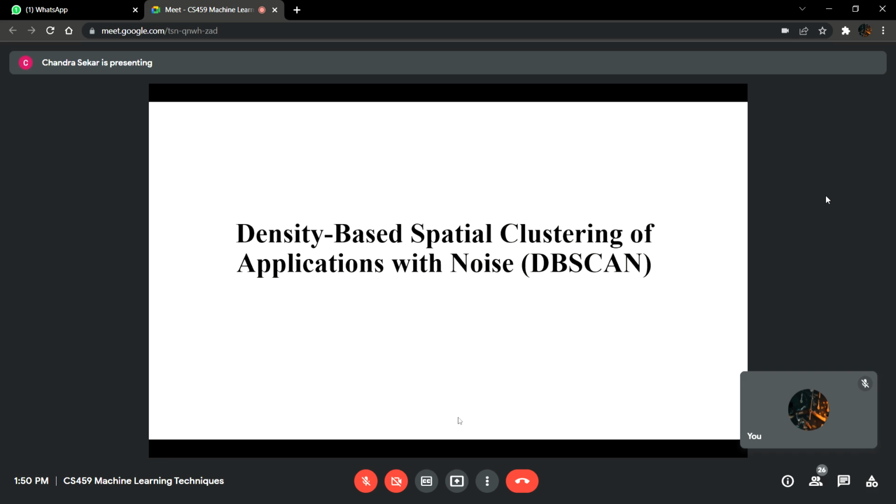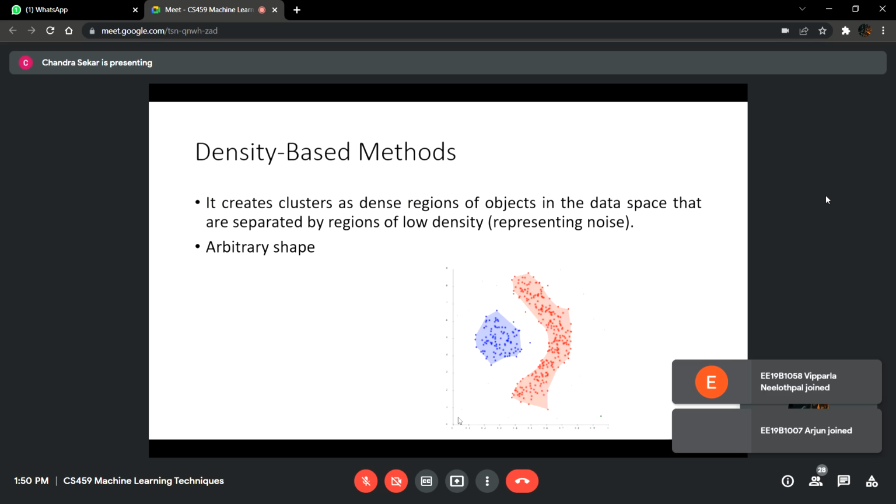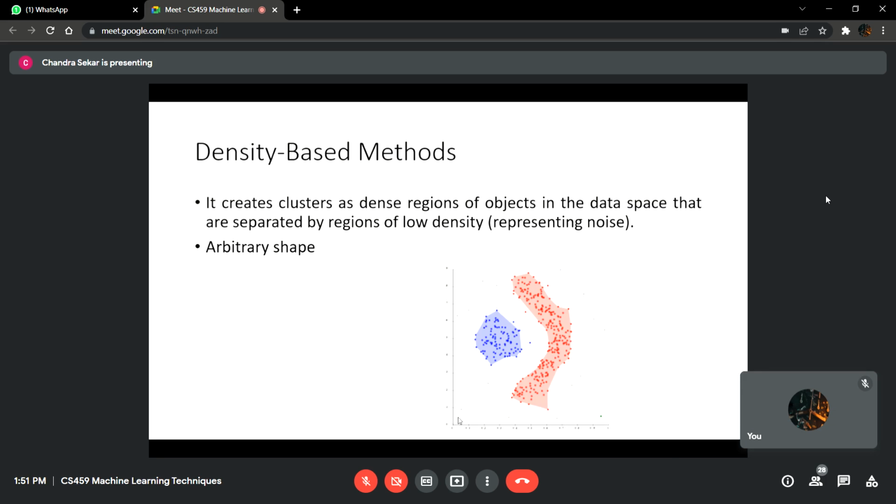This technique is called DBSCAN. It's one of the clustering techniques under the density-based clustering category. The DBSCAN full form is Density-Based Spatial Clustering of Applications with Noise. This density-based clustering will try to create clusters as dense regions of objects.